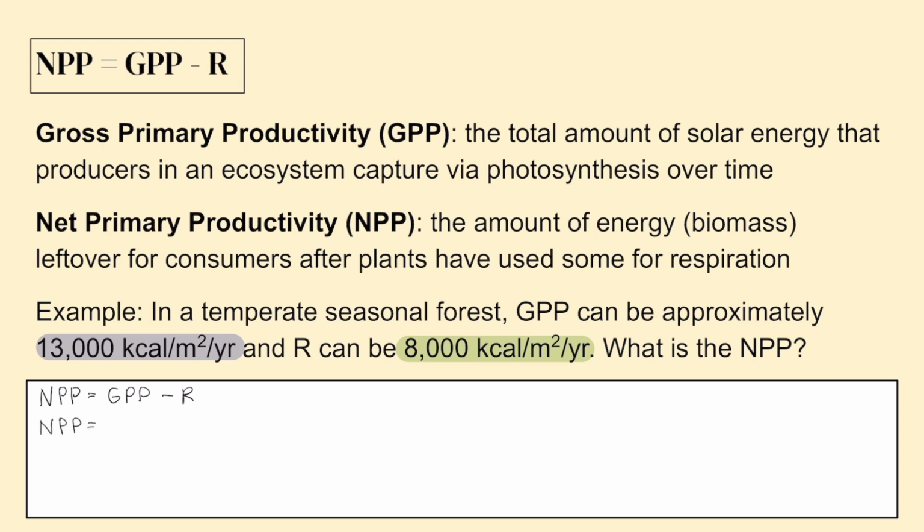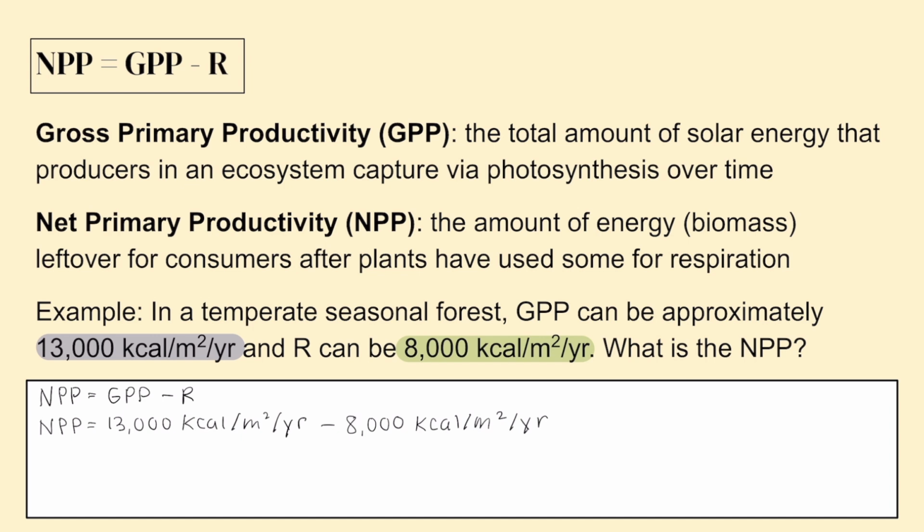NPP equals GPP, which is 13,000 kcals per meter squared per year. This is the total photosynthesis done in this temperate seasonal forest, minus respiration, which is 8,000 kcals per meter squared per year, the amount of energy these plants have to use to perform cellular respiration.